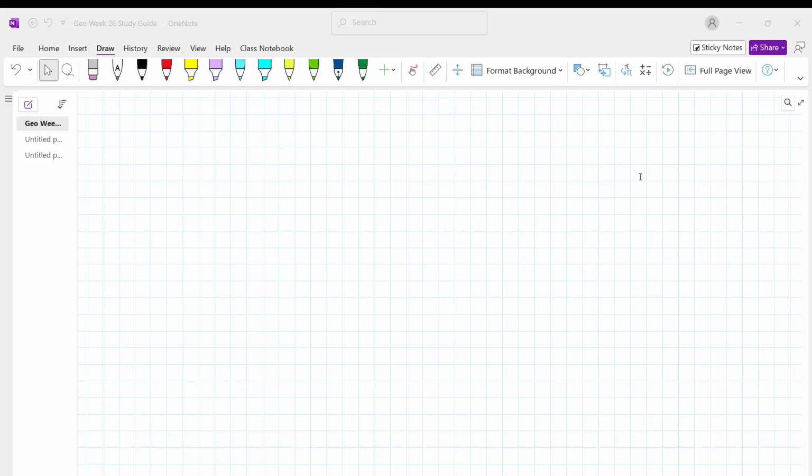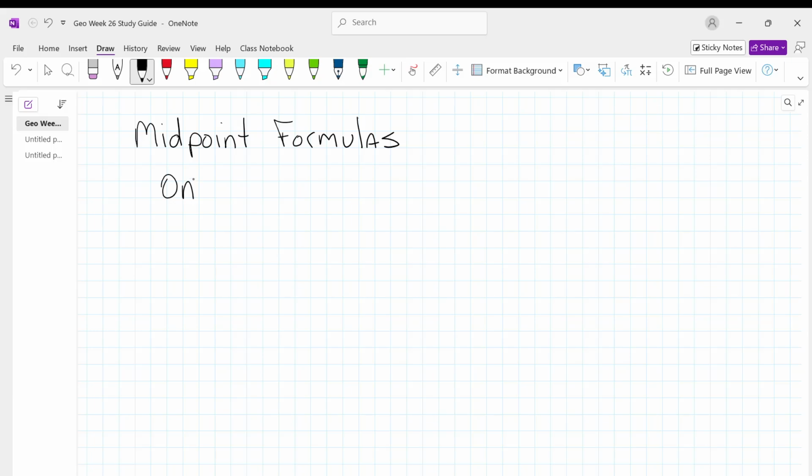All right, like I said, top of page 27. Today we're going to talk about midpoint. And we've got two midpoint formulas. We got midpoint on a number line, and when you're finding the midpoint of two points.